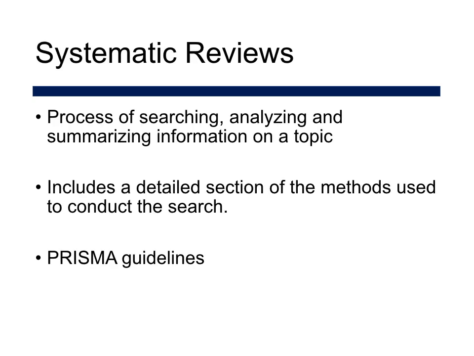All right, so let's talk about systematic reviews. Systematic reviews are a process of searching, analyzing, and summarizing information on a particular topic. They go through a rigorous process that follows a very specific format. This format is intended to help search for relevant information, then provides a process to synthesize and analyze the information.